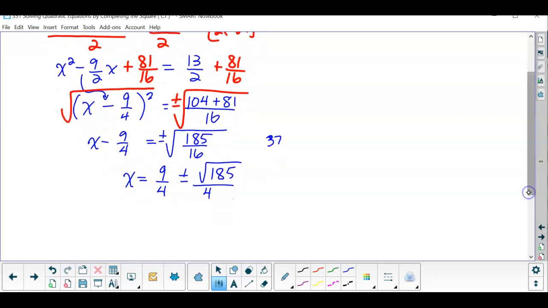And so you can leave it like that. You can show it as one fraction because they have a common denominator, or even if they didn't, you might find a common denominator. More often than not, that's how we show it, as one fraction, especially when we get to the quadratic formula.